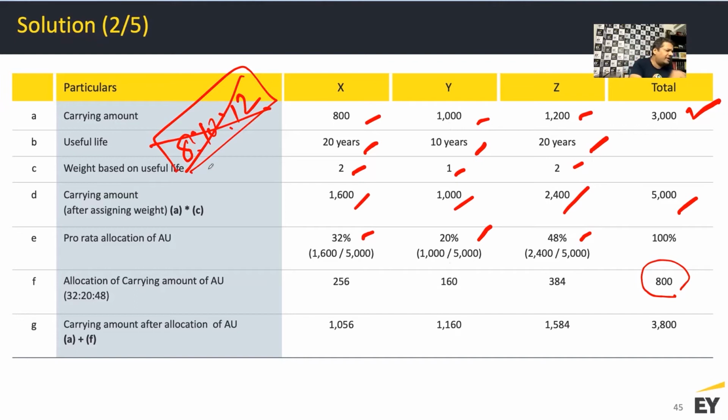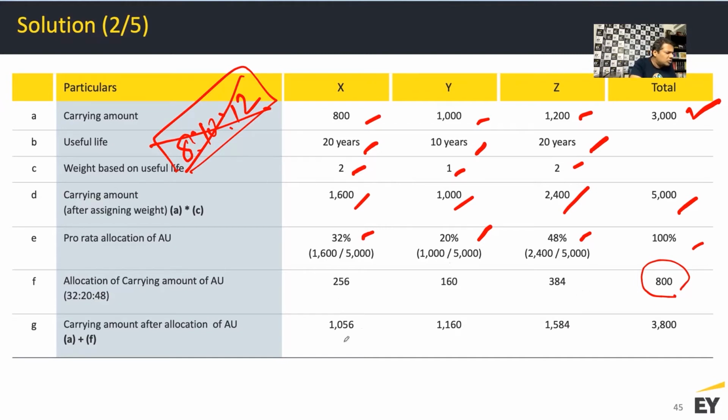If the useful life would have been 20, 20, 20, I would have simply done it in the ratio of 8 is to 10 is to 12. But because the useful life is not 20, 20, 20, I'm applying a weight. I'm applying a weight here, 2 is to 1 is to 2, and then get to 32, 20 and 48, which is 100, and then allocate this 800, which is 256, 160 and 384.